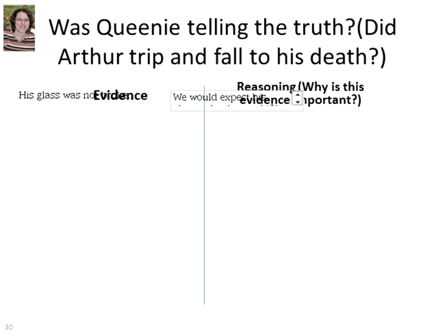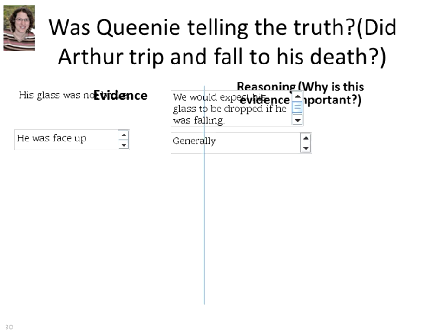And then we had another piece of evidence. We had the evidence that he was face up. And our reason of why that's important is that generally when people fall down the stairs, they fall face first.